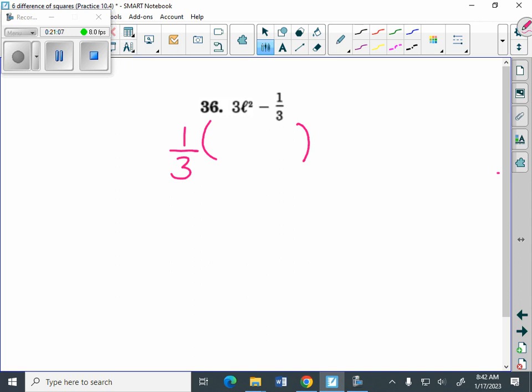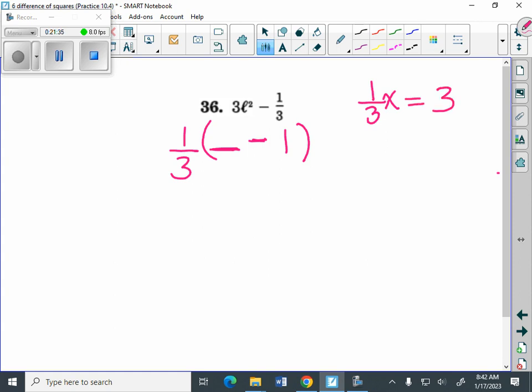So we would be left with -1, because 1/3 times 1 is 1/3. So the issue is, what's going to go in this spot right here? And this is where you might have to fall back on a little bit of algebra. And you probably don't have a lot of space on your paper. But here's what happens. If you take 1/3 times what number is going to give you 3?